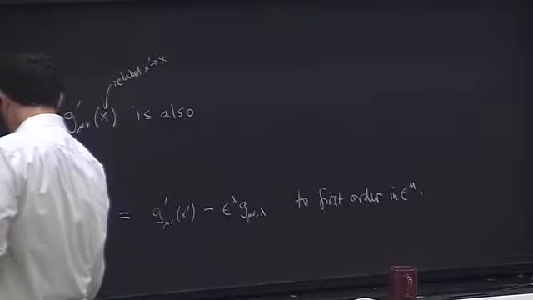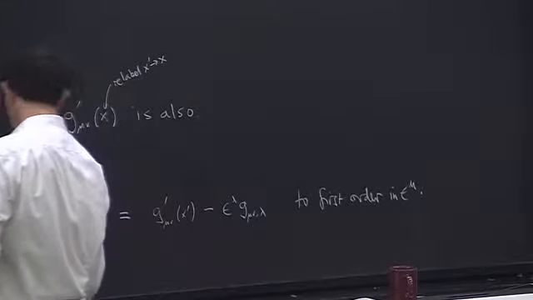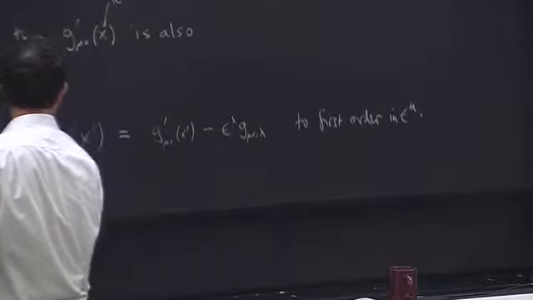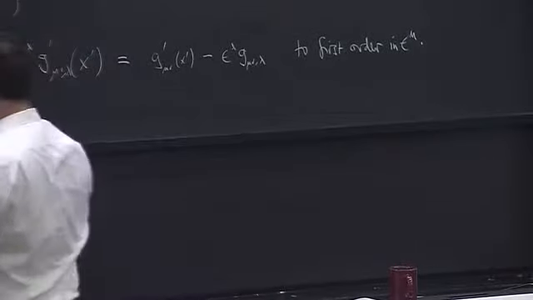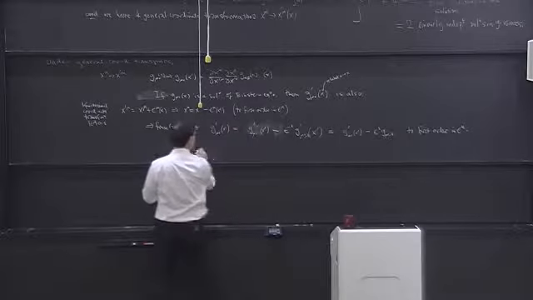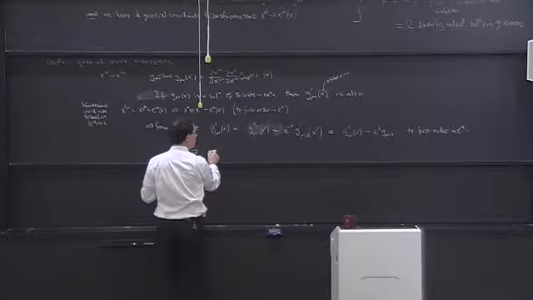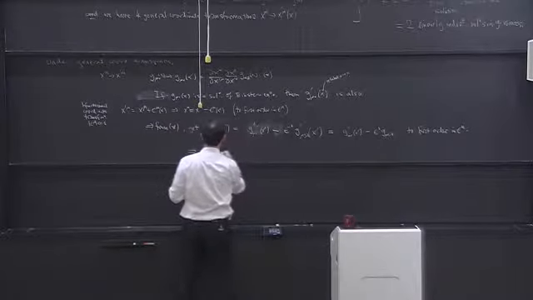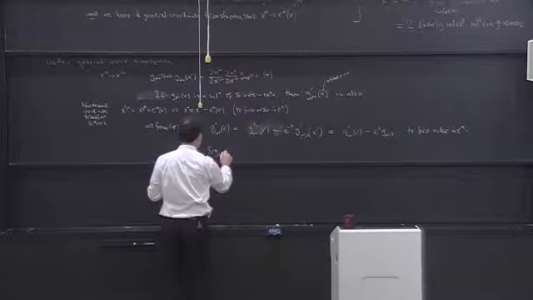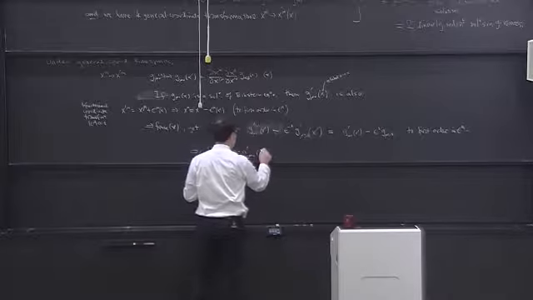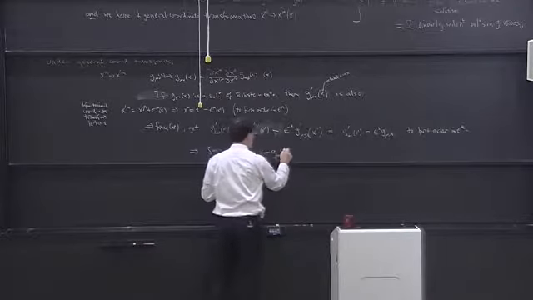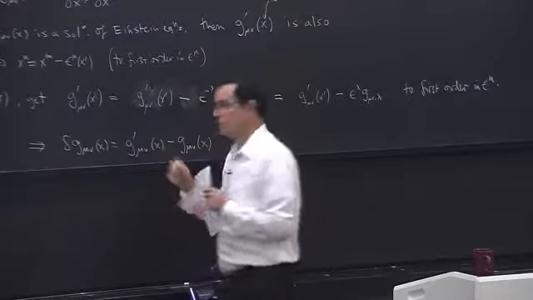And the g prime of x prime I can compute from here. So what I end up getting is that delta g mu nu of x, which is g prime mu nu of x minus g mu nu of x. Okay, that's the definition of delta.